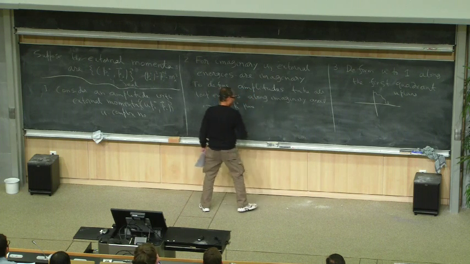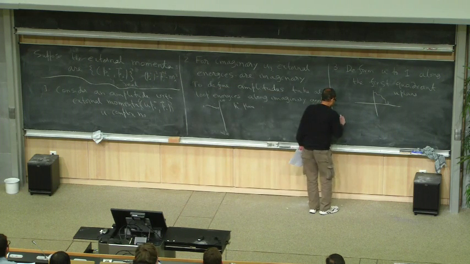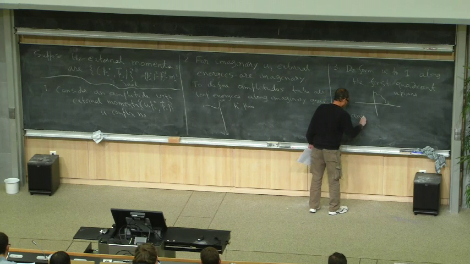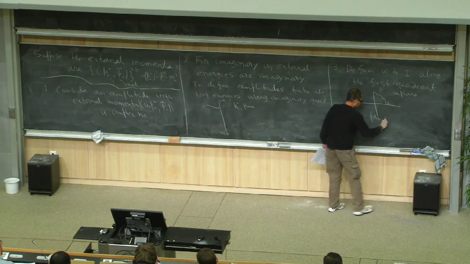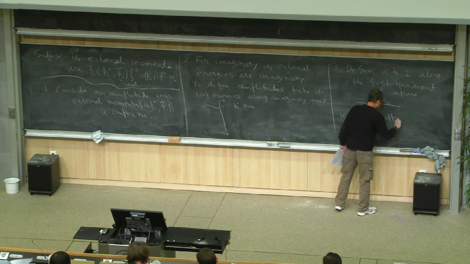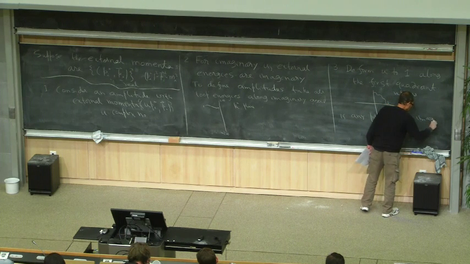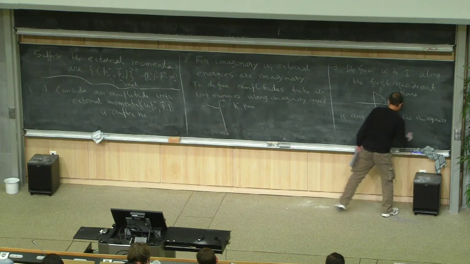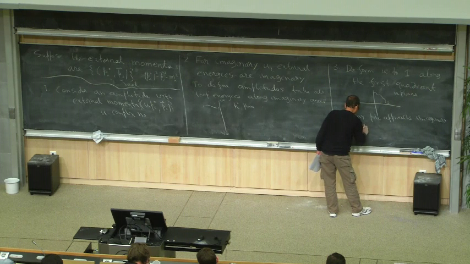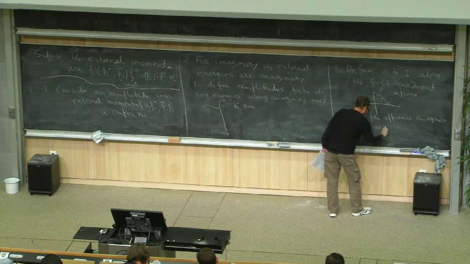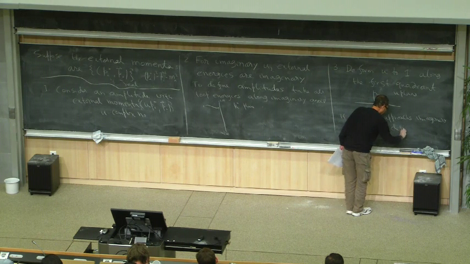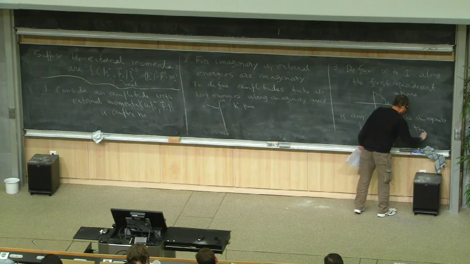So, if any pole approaches the imaginary Ki0 axis, deform the integration contour away.